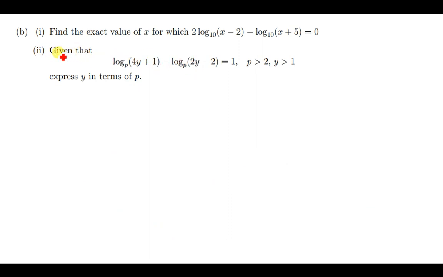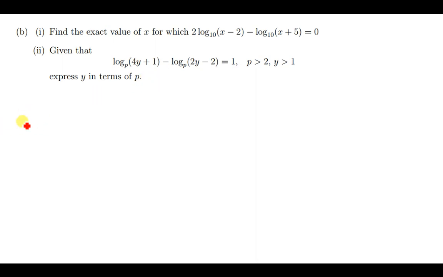Given that log of that minus that is equal to 1, where p is greater than 2 and y is greater than 1, express y in terms of p. Remember what I said: since the bases are the same, subtracting is the same as dividing.